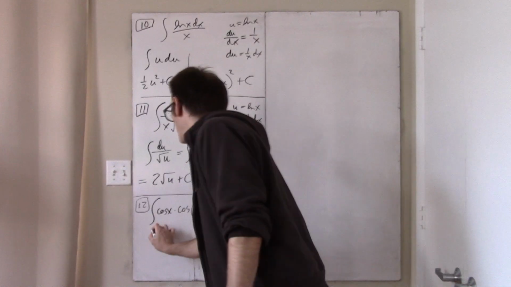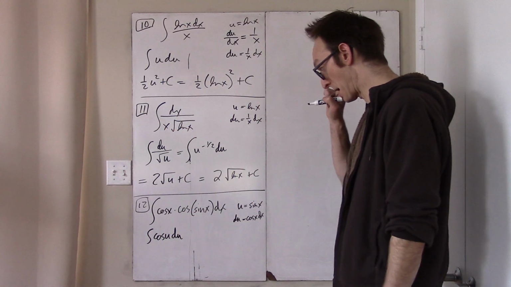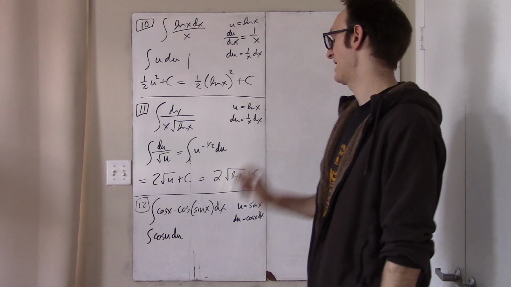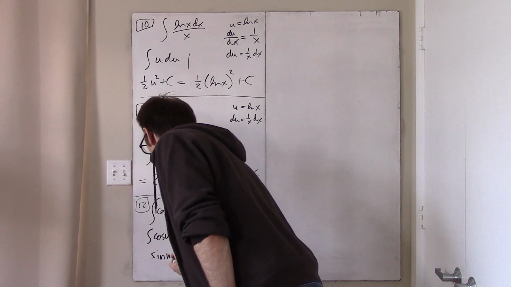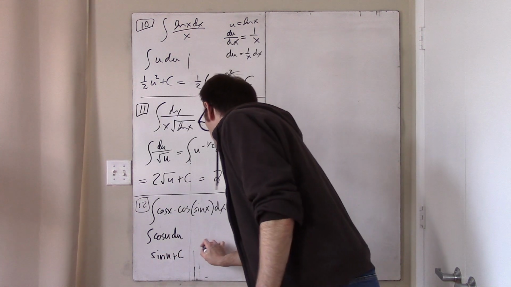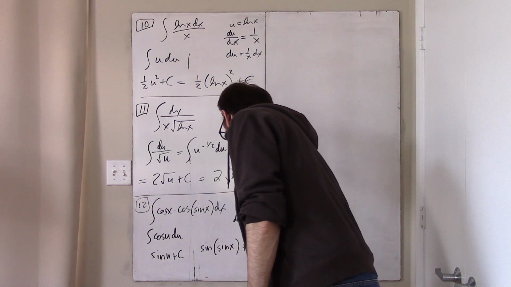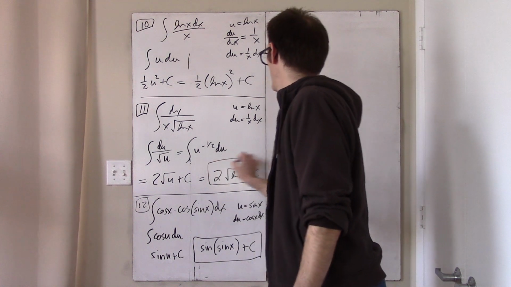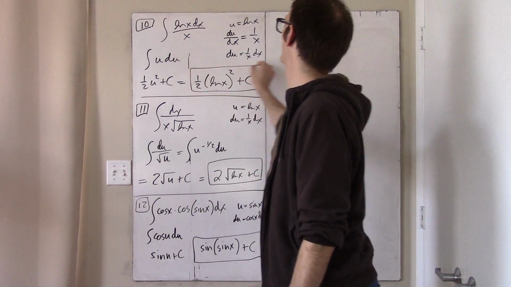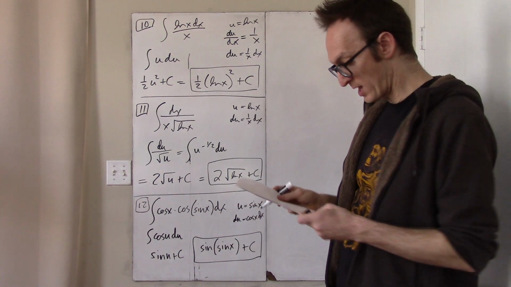So actually this whole problem becomes cosine u du, and the antiderivative of cosine is sine. So we get sine u plus c, real answer, the sine of sine x plus c. Okay, boom boom and boom boom boom. Good. 3 down, some to go.